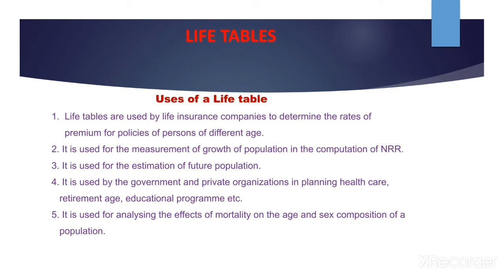So the death rate depends on age, and also some particular diseases attack males and some other diseases attack only females. So both age and sex we have to consider. After considering age and sex, we can analyze the effect of mortality on the age and sex of the population. Thank you.